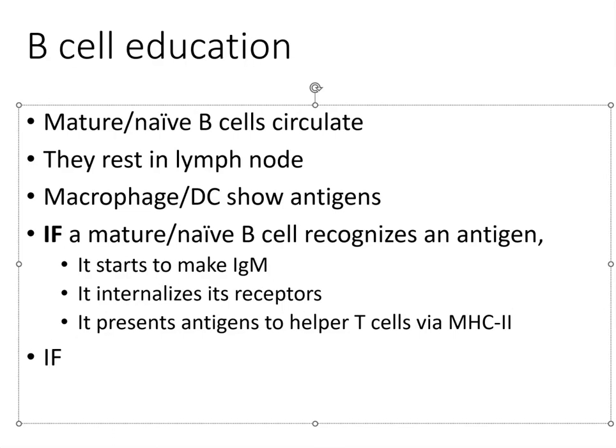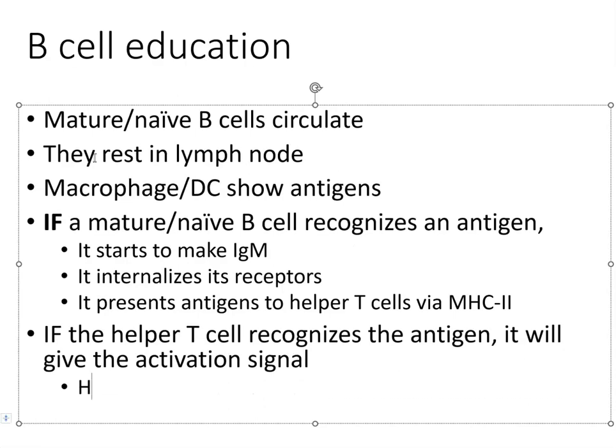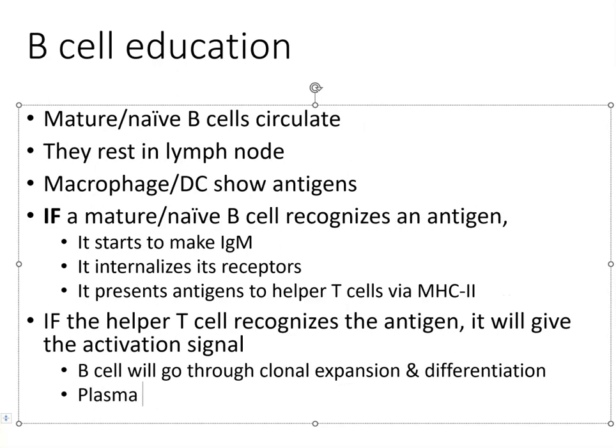If the helper T cell recognizes the antigen, it will give the activation signal. The B cell will go through clonal expansion and differentiation, and you'll get plasma B cells and memory B cells.